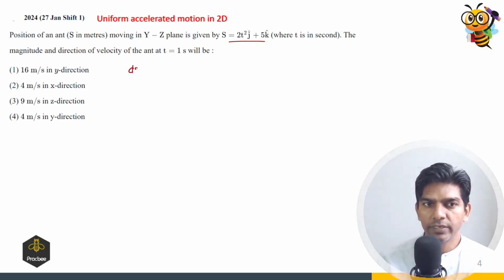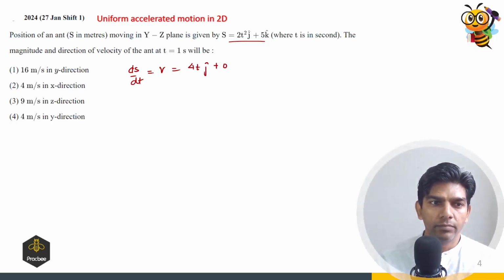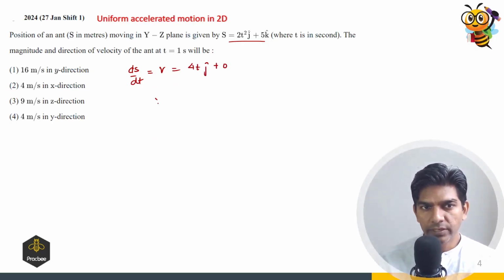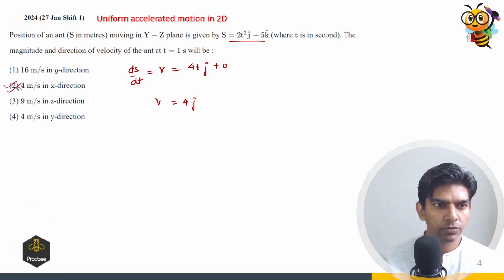So we know that ds by dt will give us the velocity. That will be 4t j cap plus 0. And after 1 second, it is nothing but 4 j cap. So the velocity will be in the positive y direction, 4 j cap in the y direction. Sorry, not the second option, option 4 is the right answer.